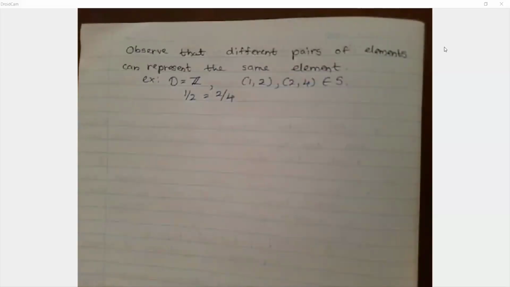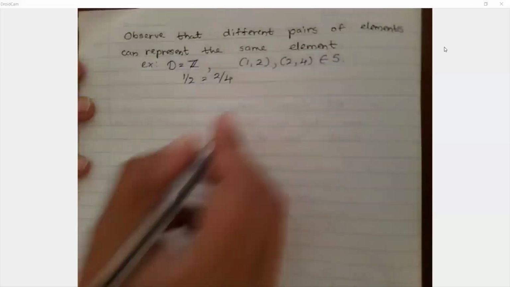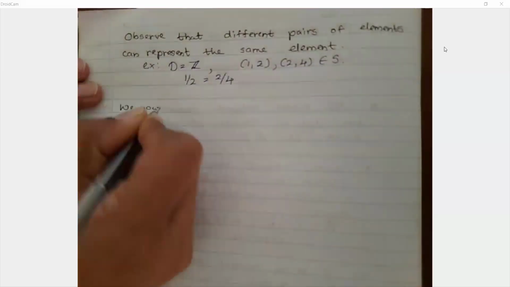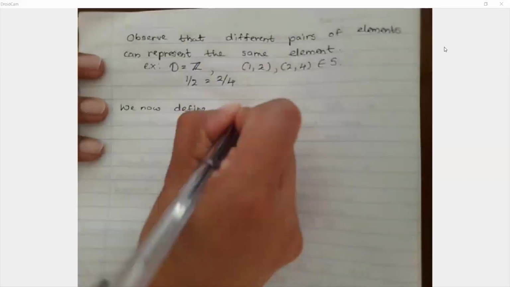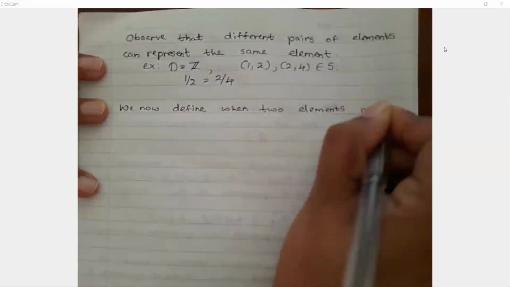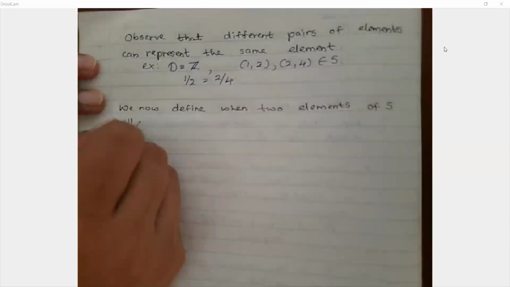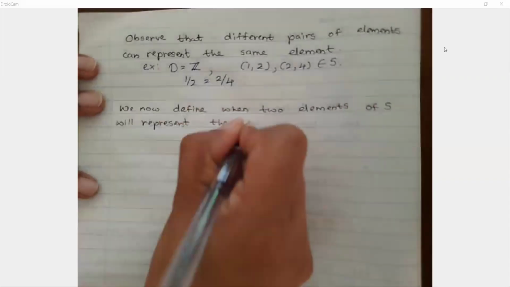So now we are going to define a relationship, or see when two elements are the same, right? We now define when two elements of S will represent the same element.